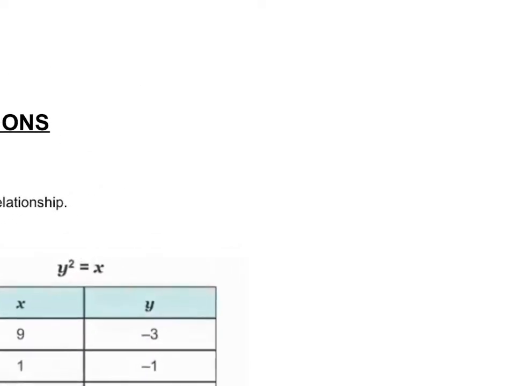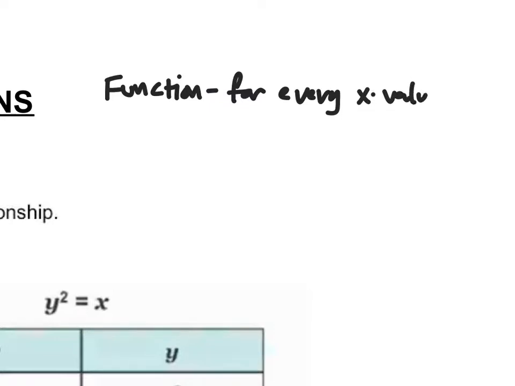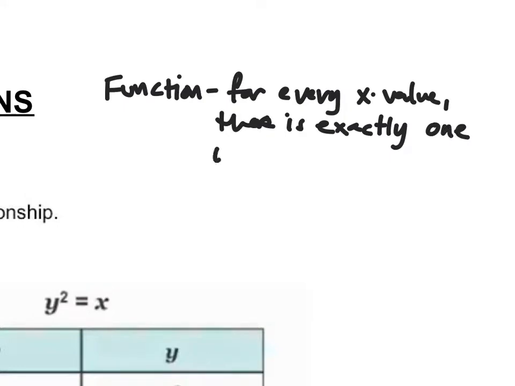So let's say this: a function, for every x value, there is exactly one y value.